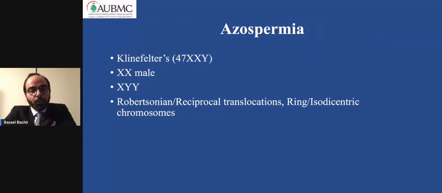So when we talk about the most severe form of testicular dysfunction or non-obstructive azoospermia that has a genetic cause, these genetic problems usually include Klinefelter syndrome or 47,XXY, XX males, XYY males, and Robertsonian or reciprocal translocations. These are the genetic problems commonly encountered in patients with severe forms of testicular dysfunction and non-obstructive azoospermia.